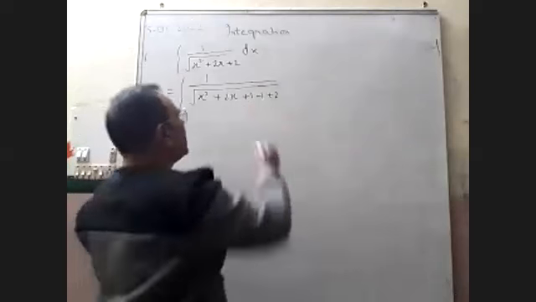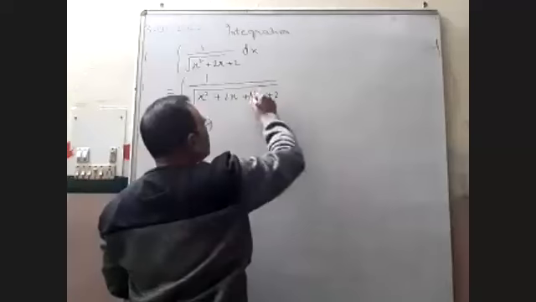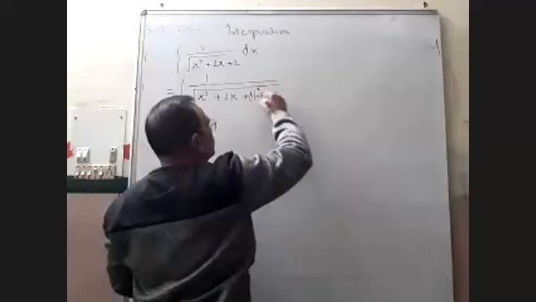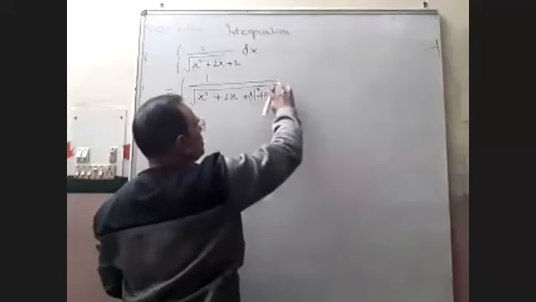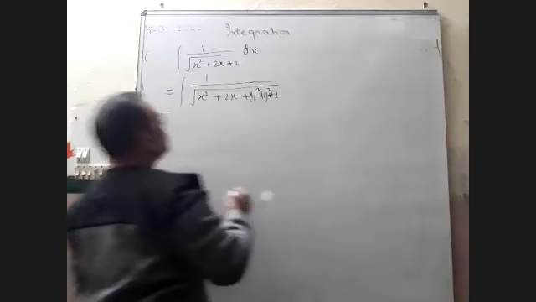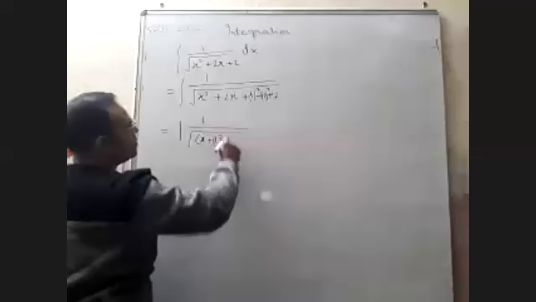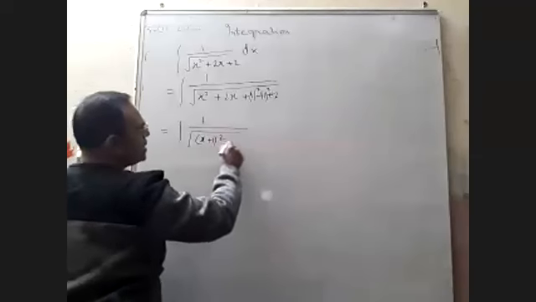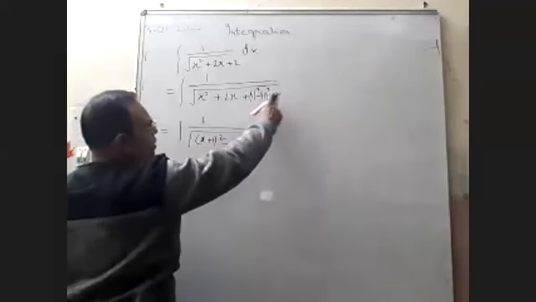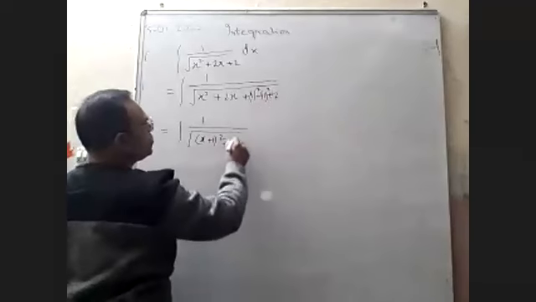Here we are adding and subtracting the square of 1. What will happen now? Then it becomes 1 upon under root of (x plus 1) whole square, minus 1 plus 2, that is, plus 1 square.